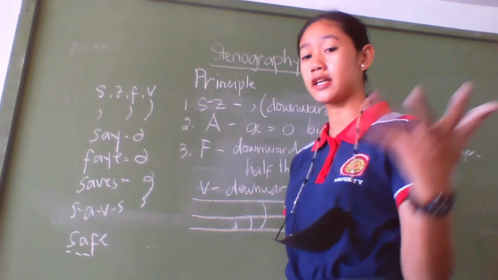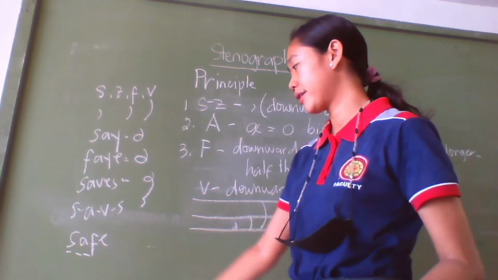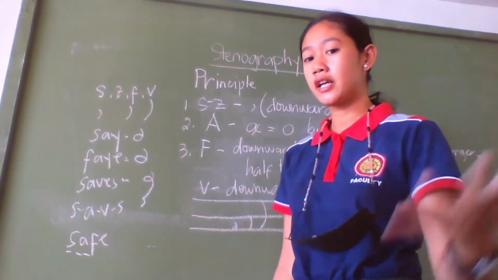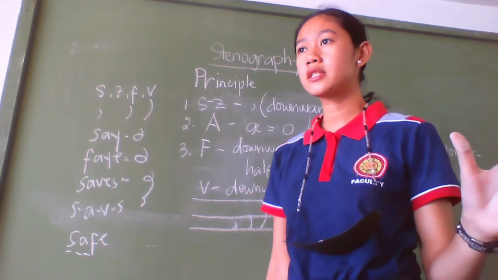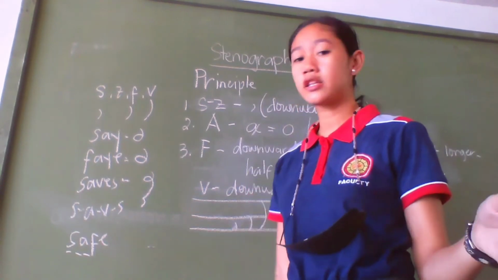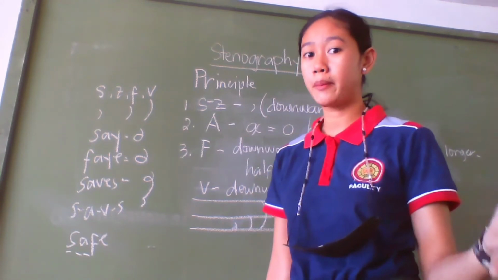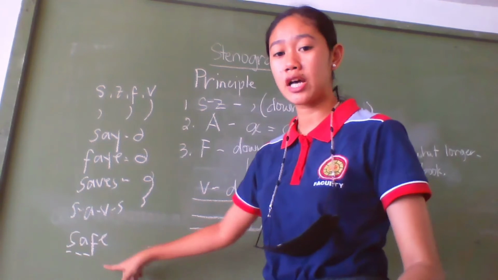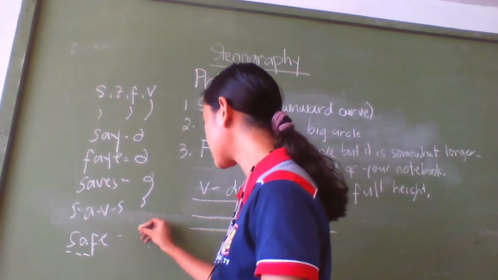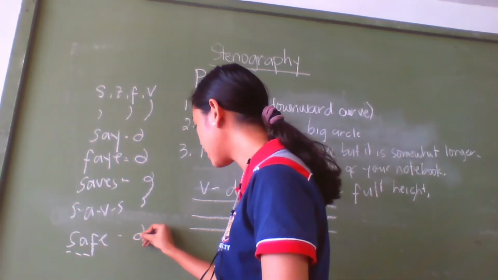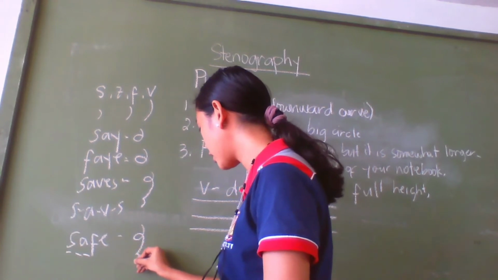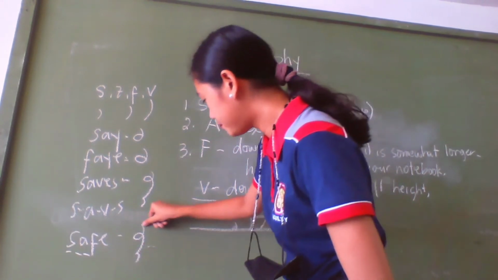Hindi na natin nakikita si letter E, or maririnig si letter E. Kasi kung maririnig natin si letter E, pwede natin siyang sabihin safety. Diba? Pero ang awkward naman kung safety. So, safe lang talaga siya. So, S, A, F, and letter S. Medyo napalaki.